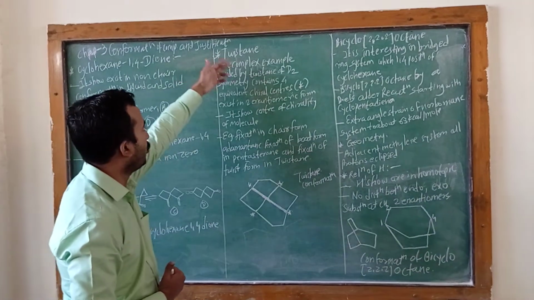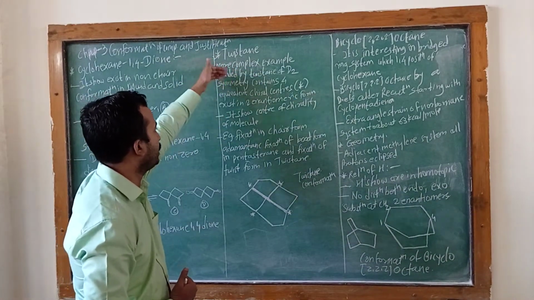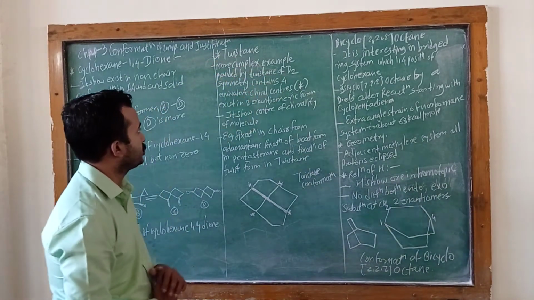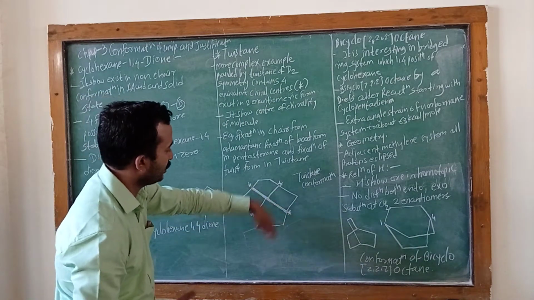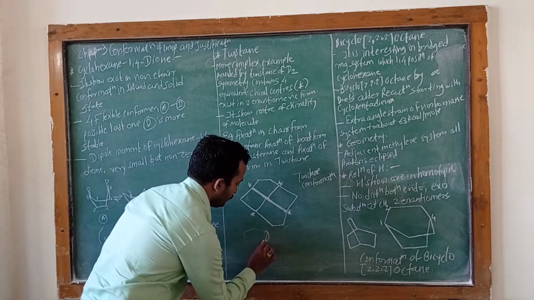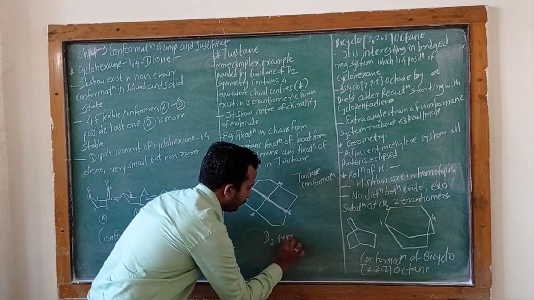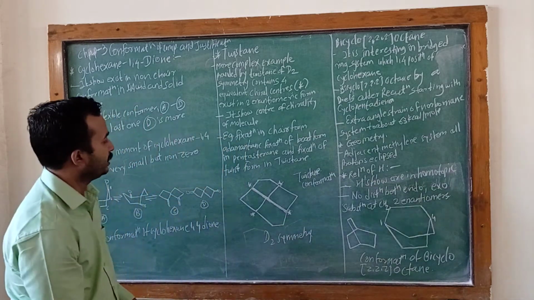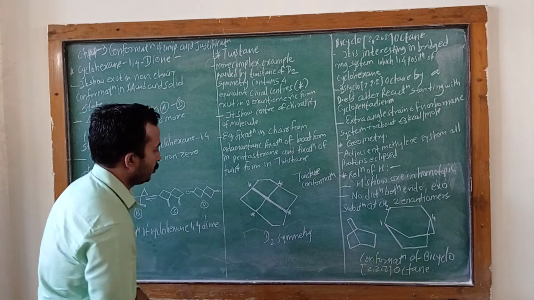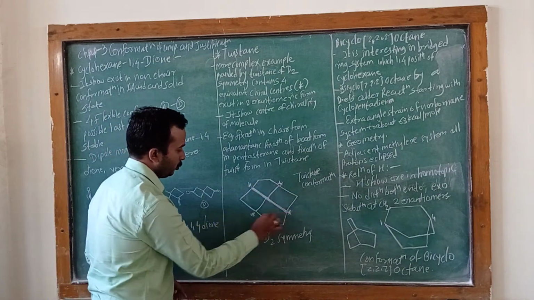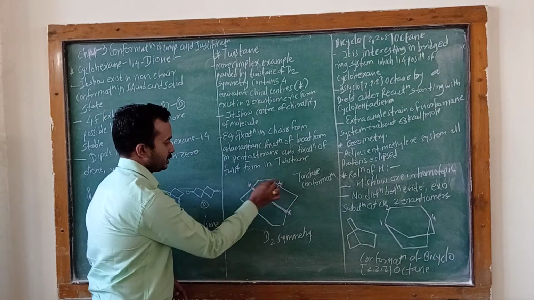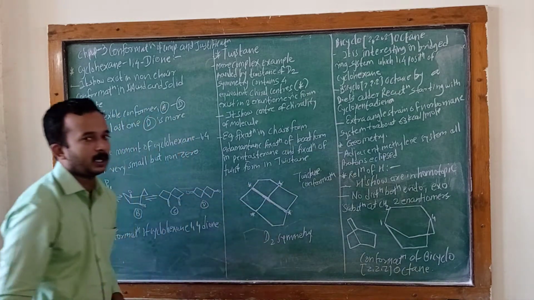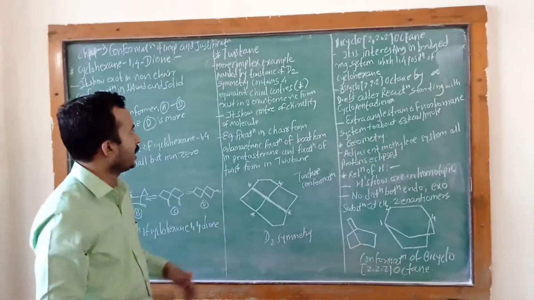A more complex example is provided by twistane of D2 symmetry containing four chiral centers. This is the D2 symmetry. This star shows the four chiral centers.